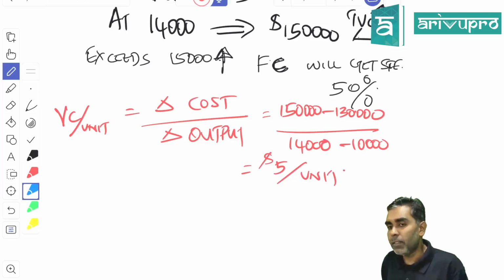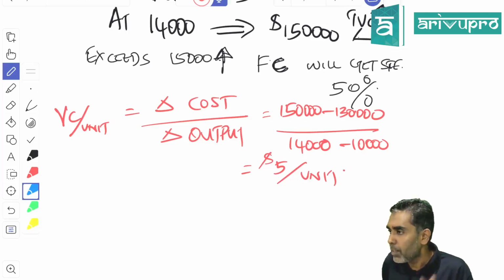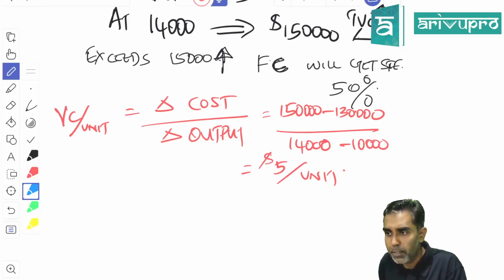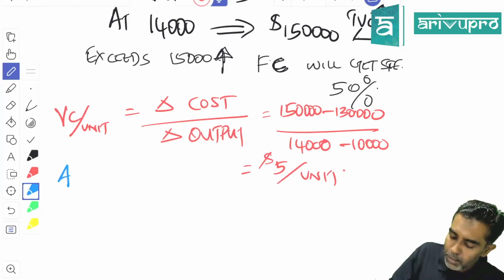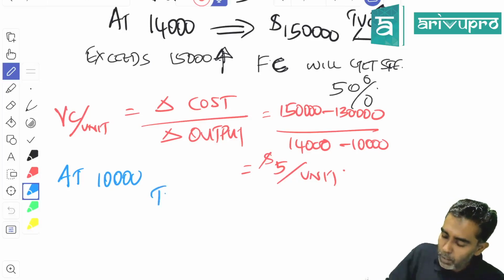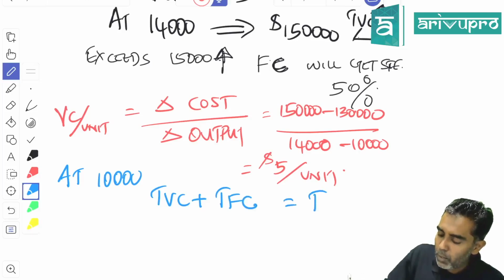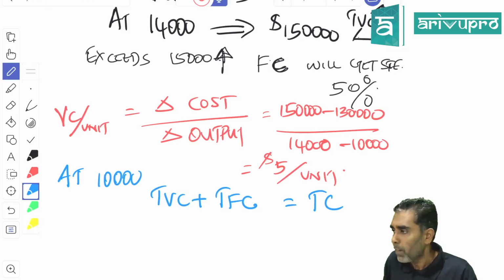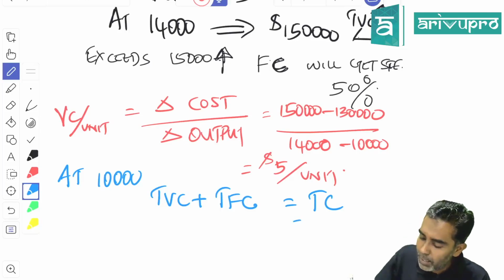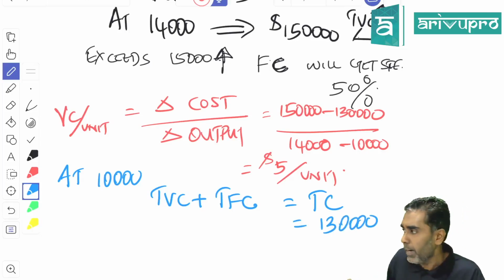Under any circumstances in management accounting, total variable cost plus total fixed cost equals total cost. Correct? At 10,000 units, they have given the total cost, which is 130,000.